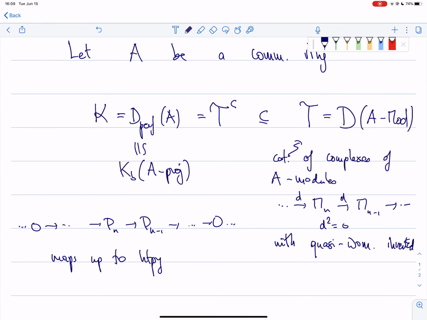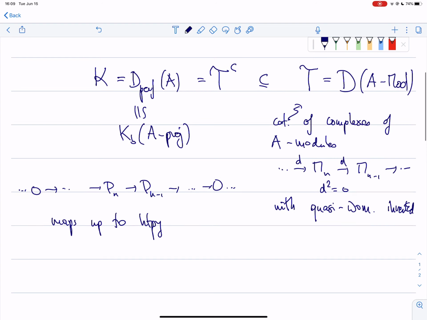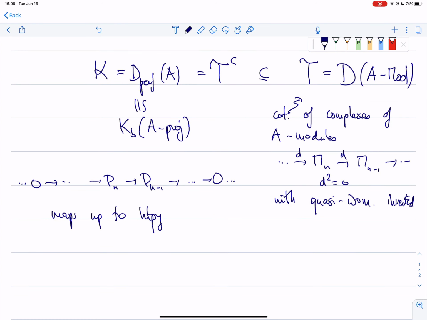What you use commutative for is to define a symmetric monoidal tensor product. The tensor product on those categories is just essentially induced from the tensor product of A. And technically it's the left derived functor on the derived category, if you want, on bounded complexes of finitely generated projectives.